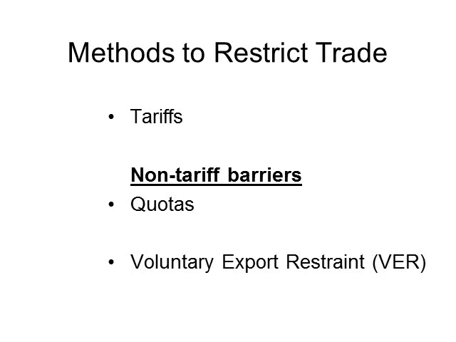Now, if a country chooses to restrict trade, what are the measures it can use? In this section, we will go through tariff, which is a form of tax, quota, which is non-tariff, and the VER, voluntary export restraint, to restrict trade.